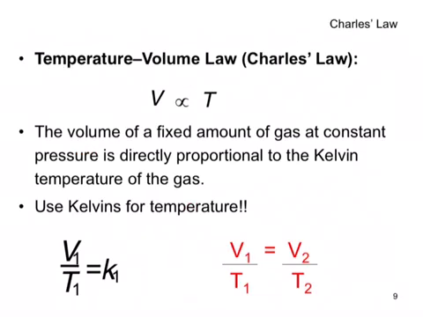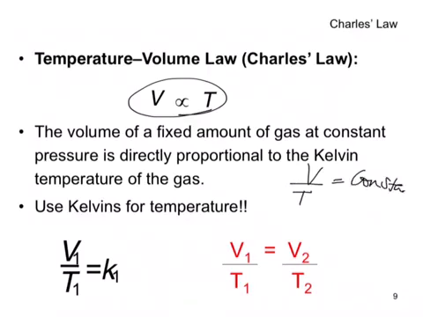What that means is that volume is directly proportional to temperature, and in other words, V over T should be some constant. So one can say if you had two situations where you had an initial volume which is being maintained at an initial temperature, and you're going from that through an expansive or compressive process to get a new volume, then the temperature will change as well.